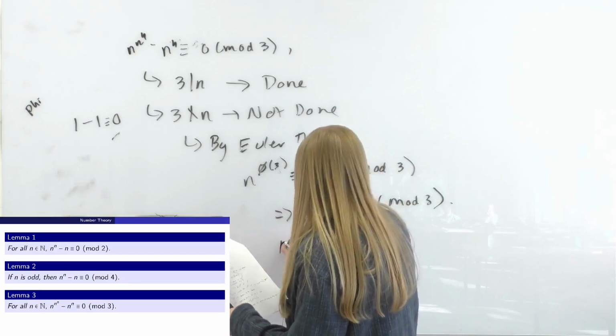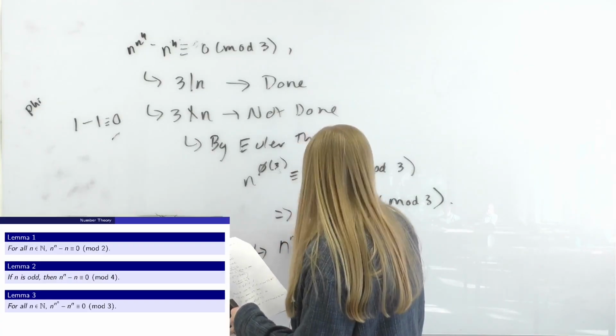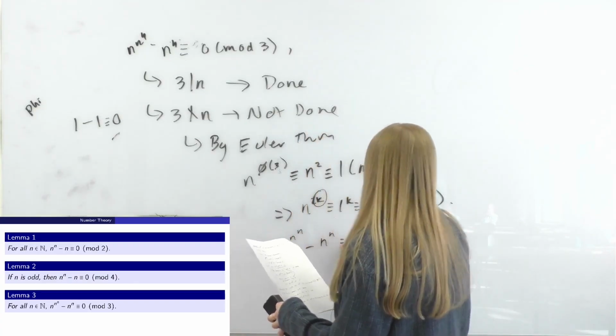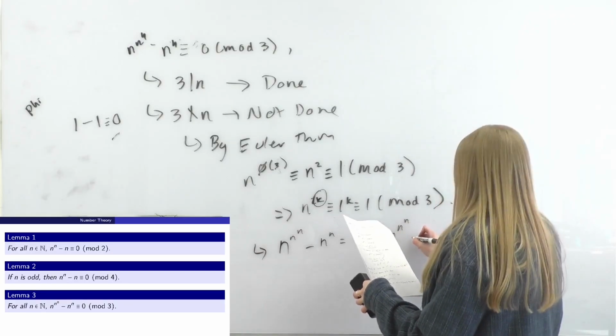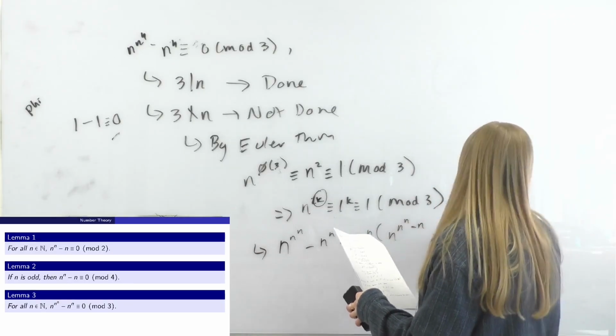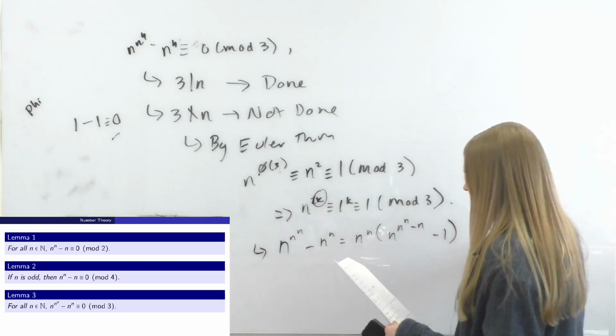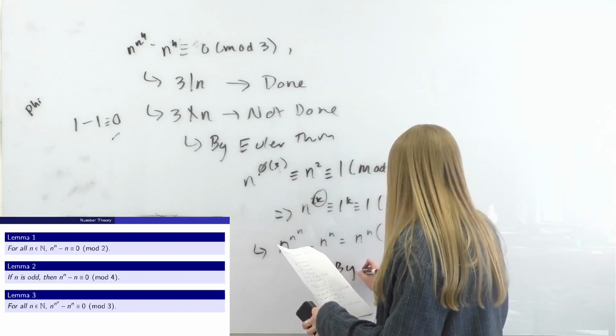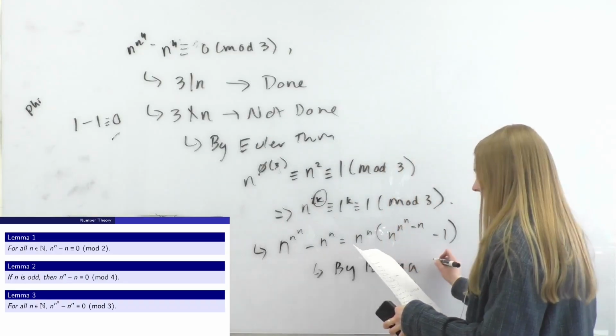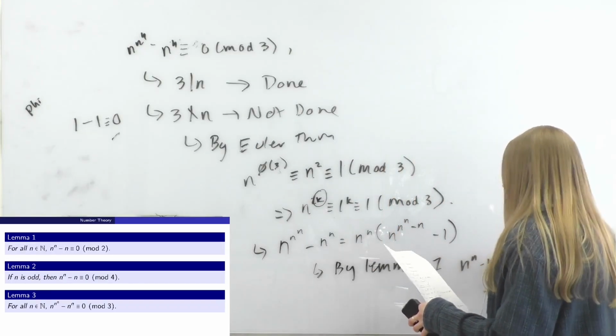So we can write n to the n to the n minus n to the n as n to the n times n to the n to the n minus n minus 1. For those of you paying attention, by lemma 1, n to the n minus n is even.